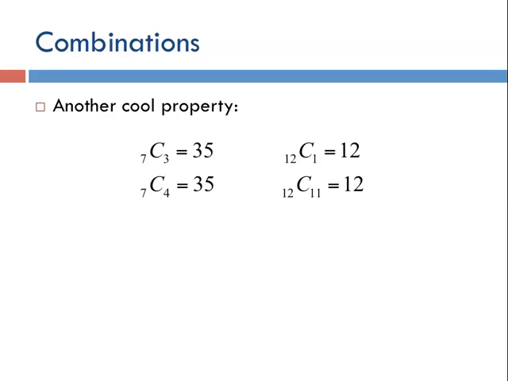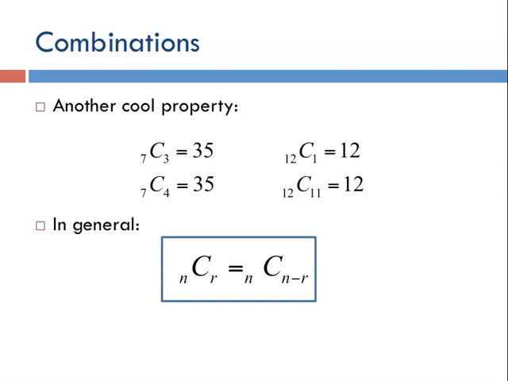Same with 12 choose 1 and 12 choose 11, those are equal to each other. So you could also say right away, well, 12 choose 2 is going to be the same as 12 choose 10. Okay, so a way for us to write that down, in general, we know that n choose r is the same as n choose n minus r.